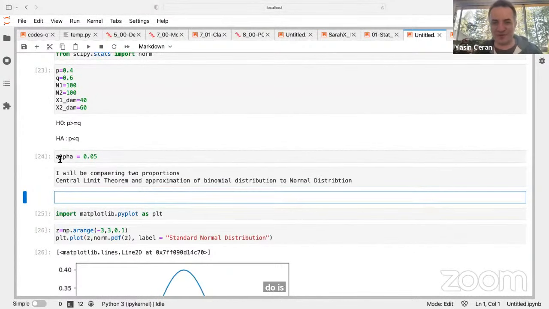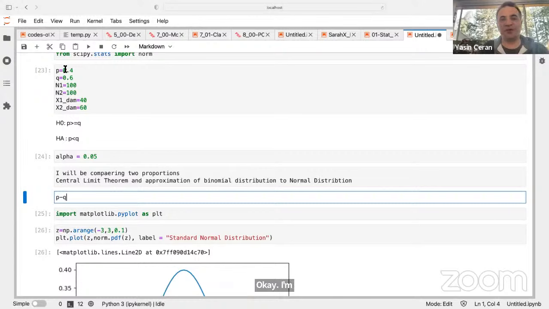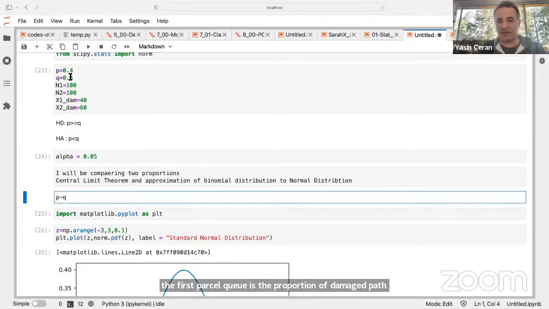Now, there are two proportions. What I wonder is if one of them is greater than the other. So I will be subtracting one proportion from the other: Q from P. P is the proportion of damaged packages in the first parcel, and Q is the proportion of damaged packages in the second parcel.